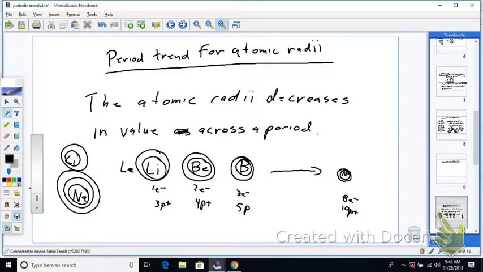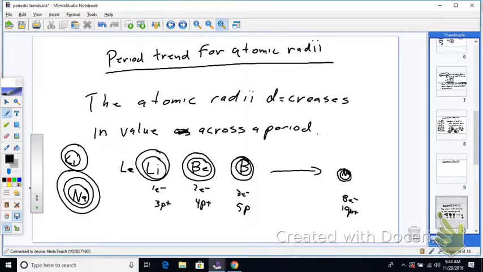Lithium has 3 and sodium has 11 electrons and protons. Why does it get bigger going down, but as you go across, it gets smaller? What could you say to prove your point? That as we go across, charges are increasing in the nucleus and in the outer shell as well.